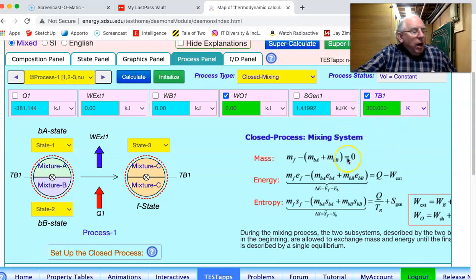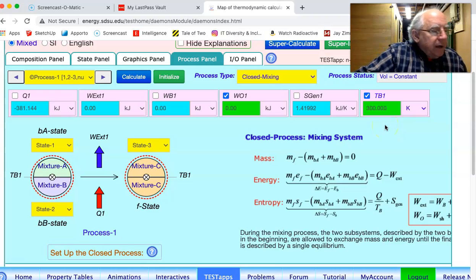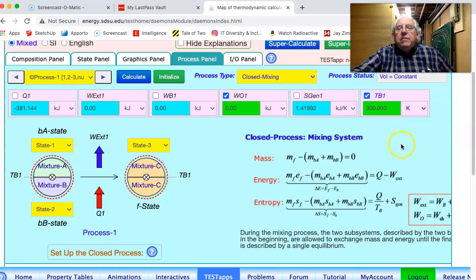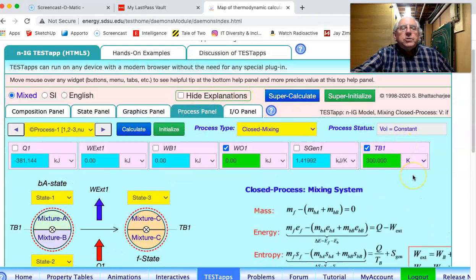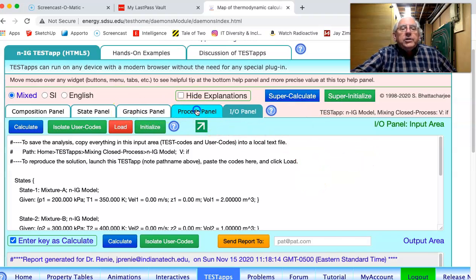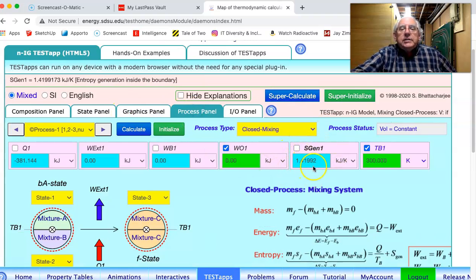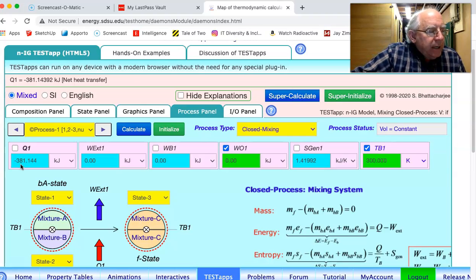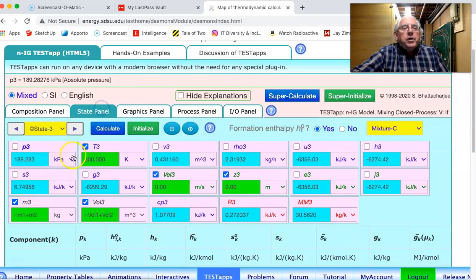That would be the final temperature, which was specified, because heat transfer occurs at the 300 boundary temperature. So we do a super calculate, and that shows us that S-Gen is equal to 1.41. It also shows the heat transfer, and we were also asked for the final pressure. The final pressure in state 3 is 189.